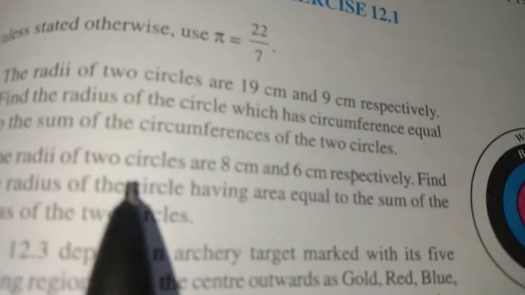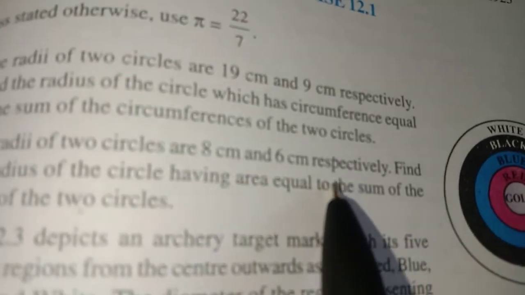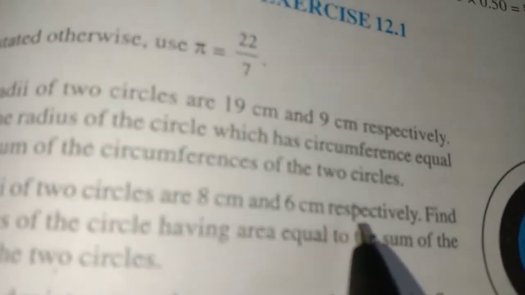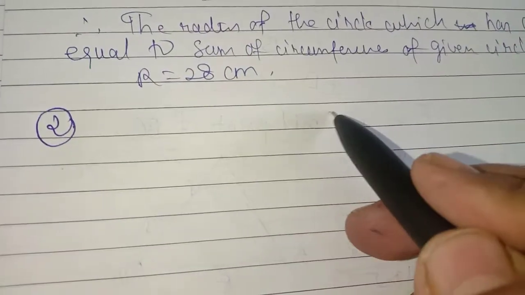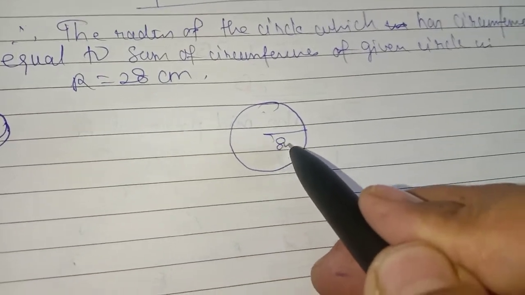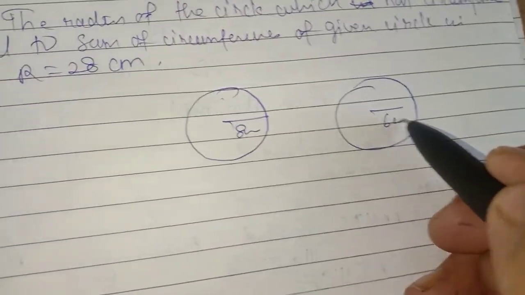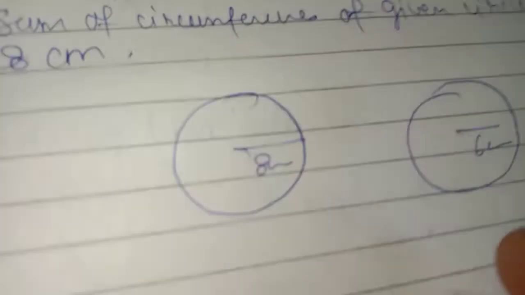See, the radii of two circles are 8 centimeter and 6 centimeter respectively. Once again we have two circles. The first one is 8 centimeter and the second one is 6 centimeter. Find the radius of the circle. Now the question has been changed.